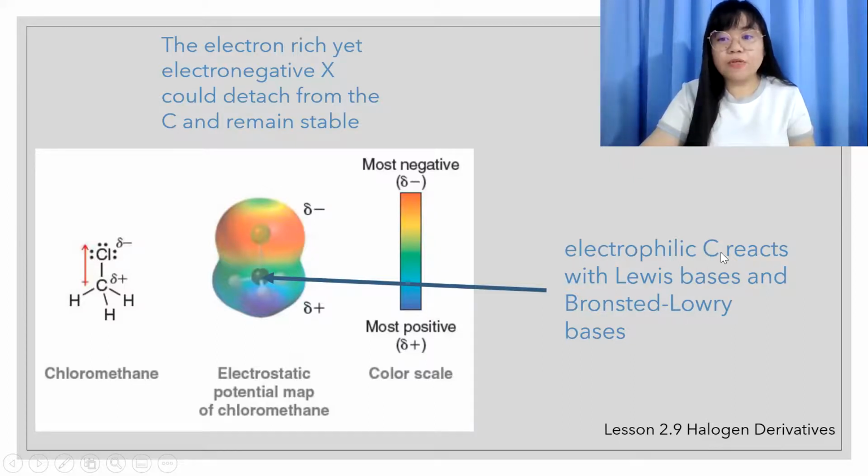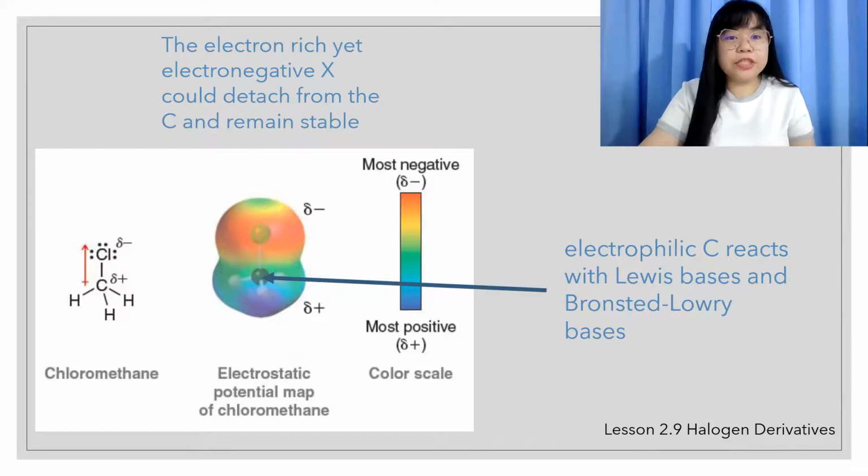Remember that an electrophilic particle is attracted towards electrons, while Lewis bases, as we know, are electron rich, and they would be a perfect pair for an electrophilic carbon, while Bronsted-Lowry bases would have the similar property, except that by definition they're just proton acceptors.